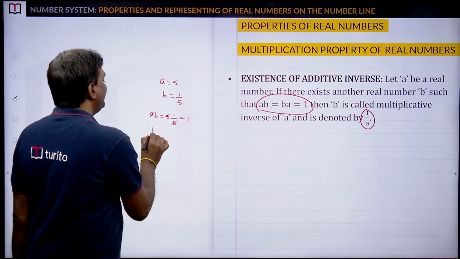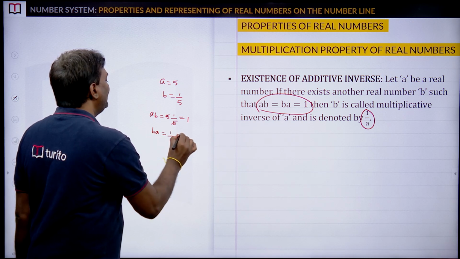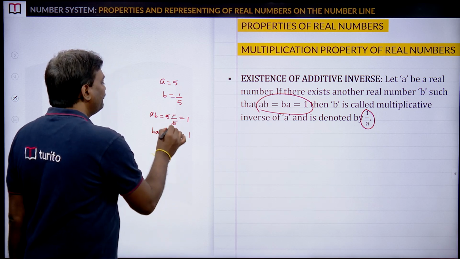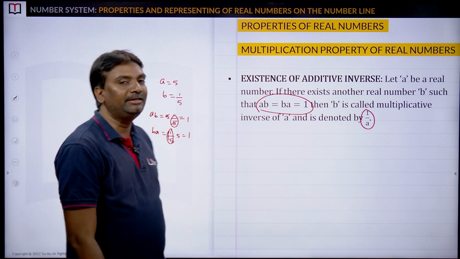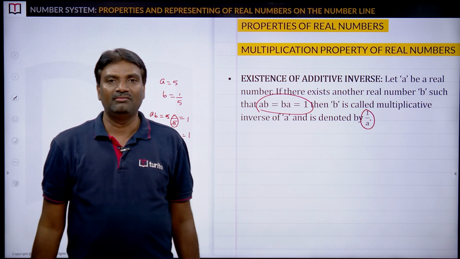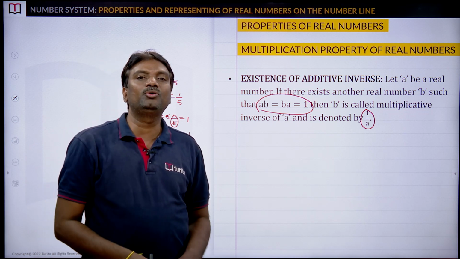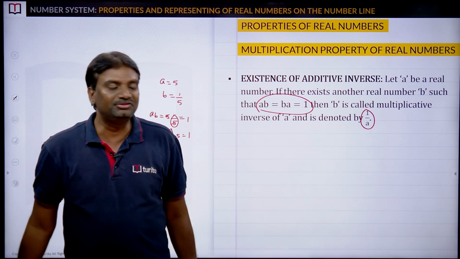Or you may take B into A equal to 1 by 5 into 5 equal to 1. So, here this 1 by 5 is known as the multiplicative inverse of 5. Just take the reciprocal, very simple. If they ask what is the multiplicative inverse of the given number, just take the reciprocal.